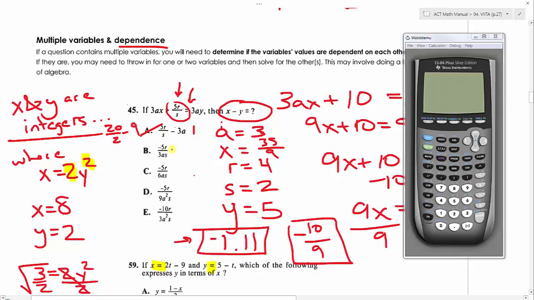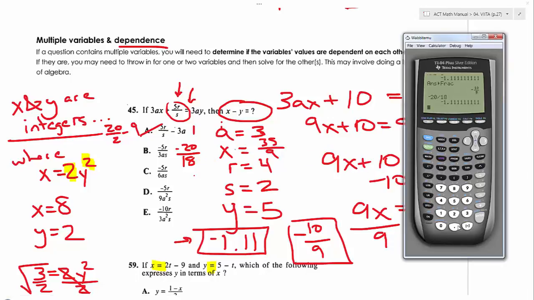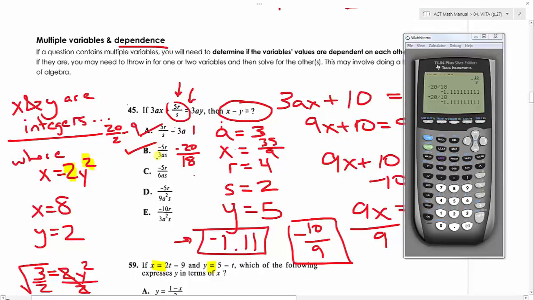So that is negative 20 over 3as. 3 times a is 9 times s, so negative 20 over 18. I think we may have a winner here, but I'm going to check it in the calculator just in case. So that is negative 20 divided by 18. Oh, it's already on there, actually. There we go. So negative 1.11. So that guy does indeed work.